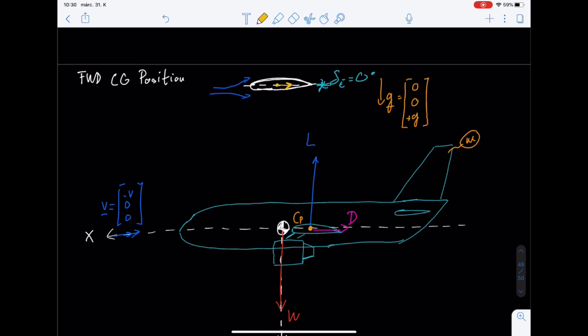But we're going to assume that in case the deflection angle is 0, this drag is also approximately 0.